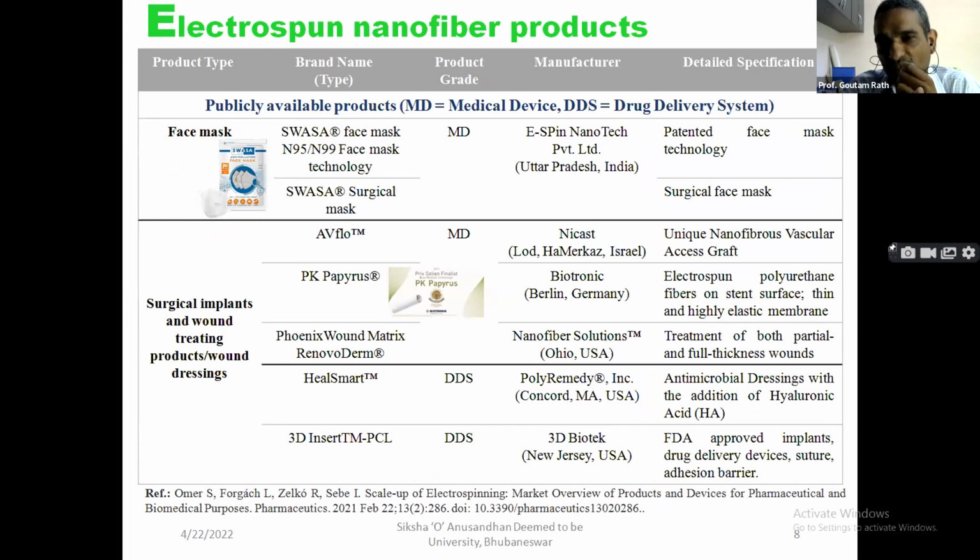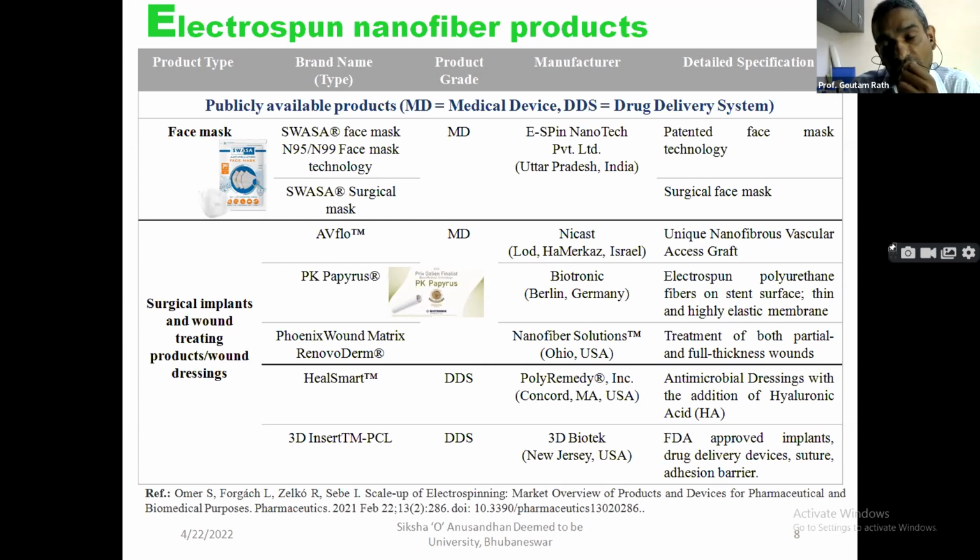See, the face mask that is developed by eSpin Nanotech. eSpin Nanotech is the only manufacturer of electrospinning in India, and they developed this face mask during COVID, and it is very, very effective.